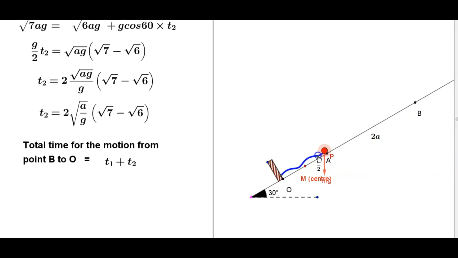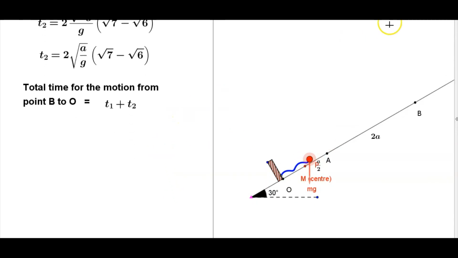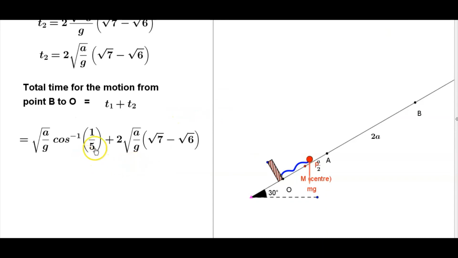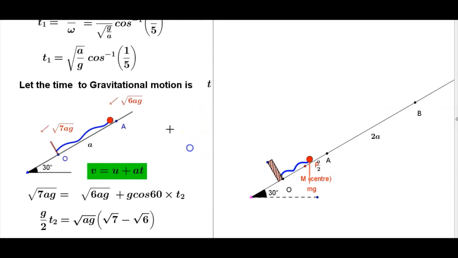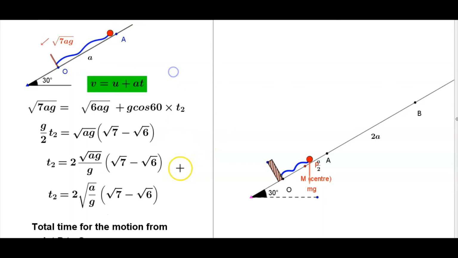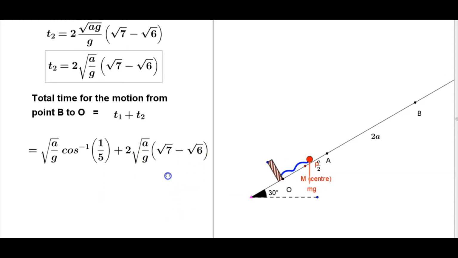So the total time for the motion from B to O is the simple harmonic motion time T1, plus the gravitational motion time T2. For T1, square root of A over G into cos inverse 1/5, plus T2, the gravitational motion time, 2 into square root of A over G times root 7 minus root 6.